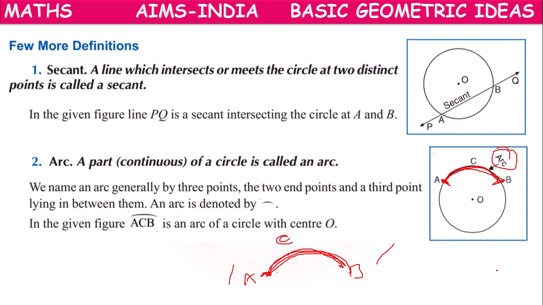So arc is represented by 3 points, ACB arc. If we represent it like AB, then it will be a straight line. That's why arc is represented by 3 points, where 2 points will be the end points and the third point will be in between the 2 points on the arc.